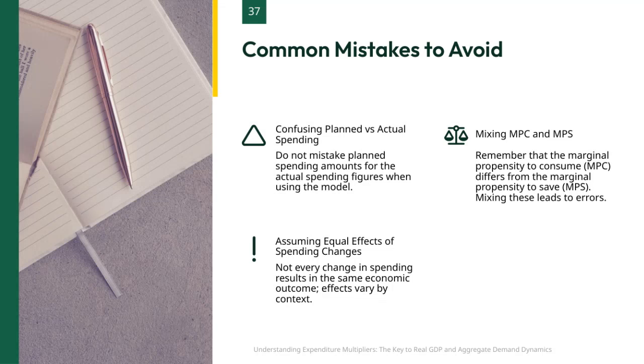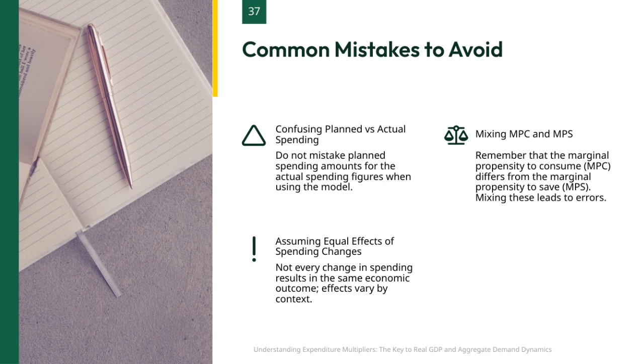Here are some common mistakes to watch out for when working with spending models. First, it's important not to confuse planned spending with actual spending. The numbers you plan to spend aren't always what ends up being spent, so mixing these up can lead to inaccurate conclusions. Next, be careful not to mix the marginal propensity to consume, or MPC, with the marginal propensity to save, MPS.